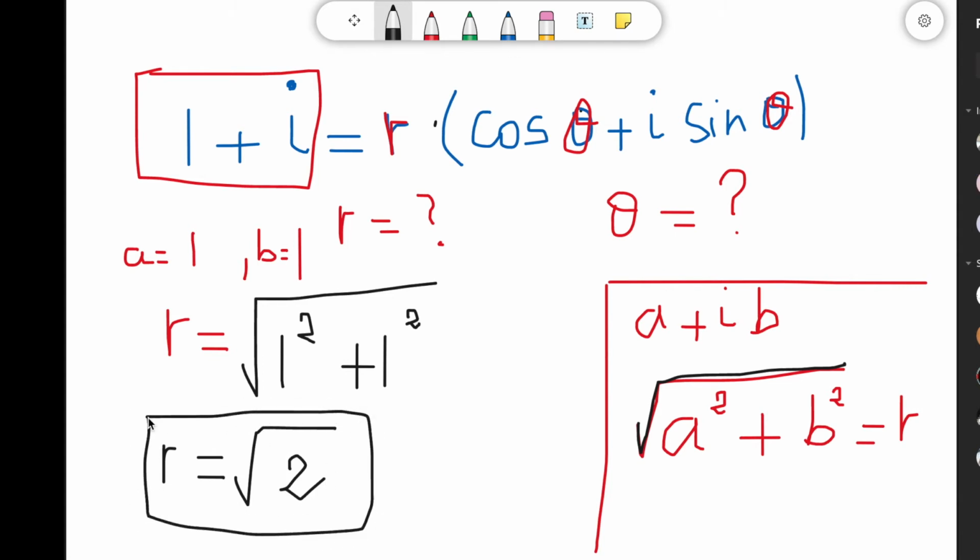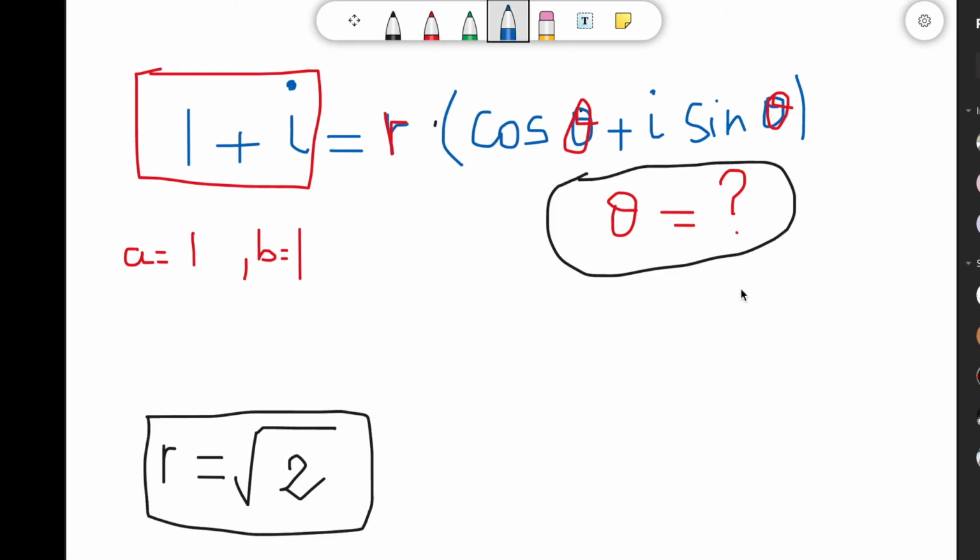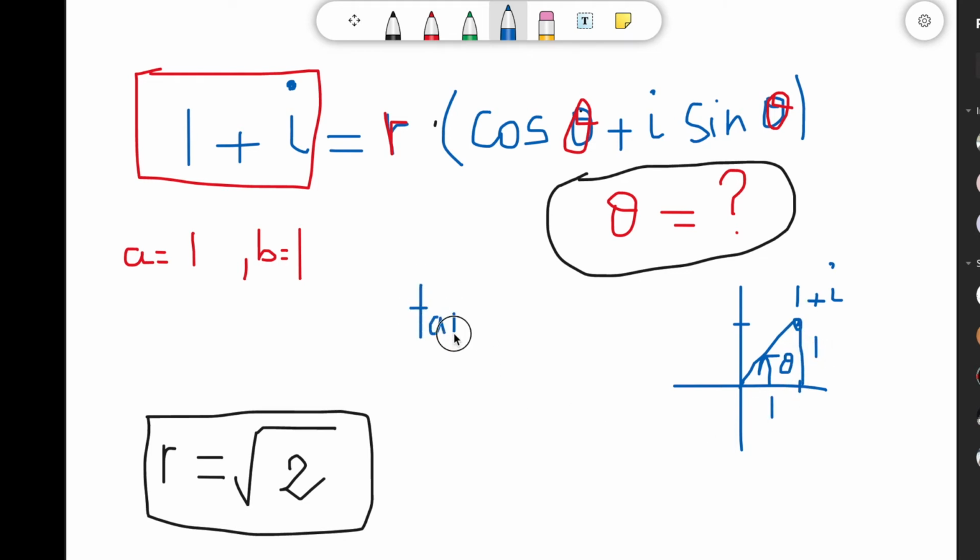Now we just need to find the value of theta. In this case, this diagram is going to explain what we are supposed to do, which is to find this angle. So the opposite is 1 and adjacent is 1, and we use the tangent definition for the angle, which is b over a, opposite over adjacent.